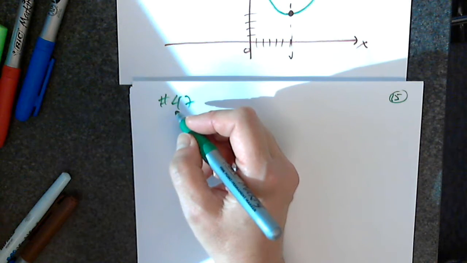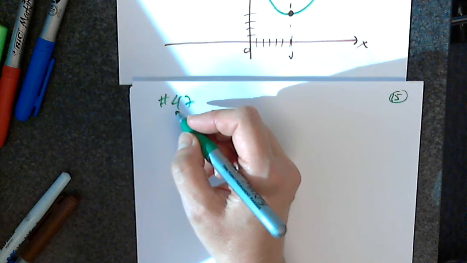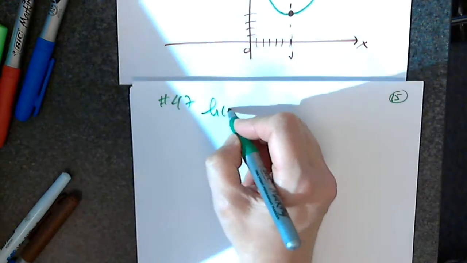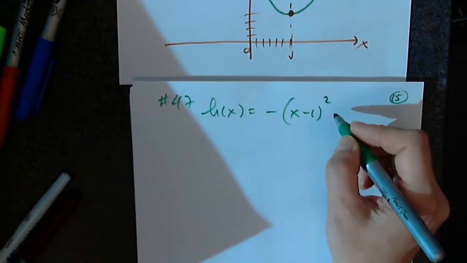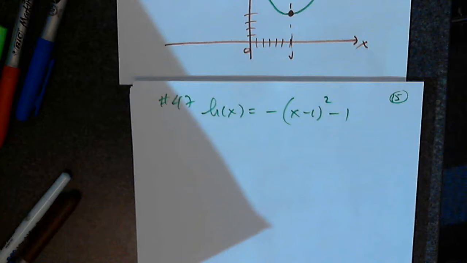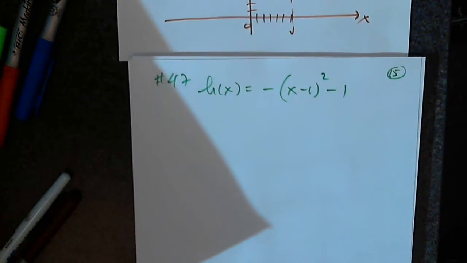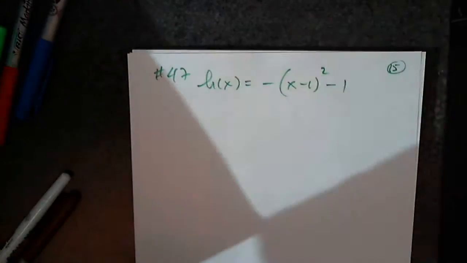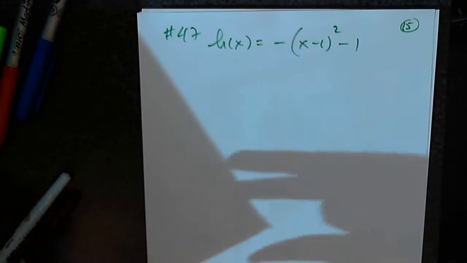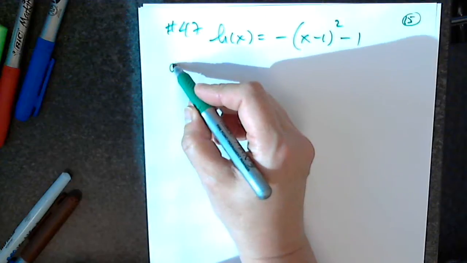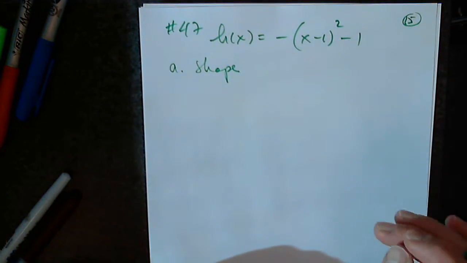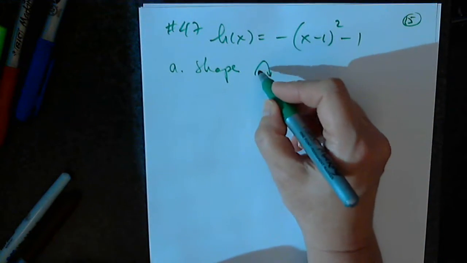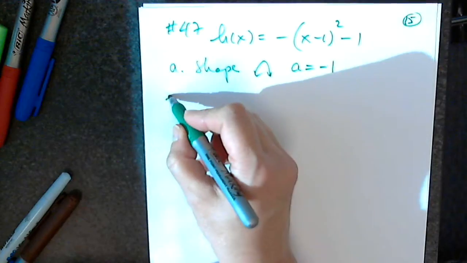In 47, we have h of x equals negative x minus 1, everything squared, minus 1. Everything the same? So part A, shape, what will it be? Maximum. Good, because the leading coefficient is negative 1.